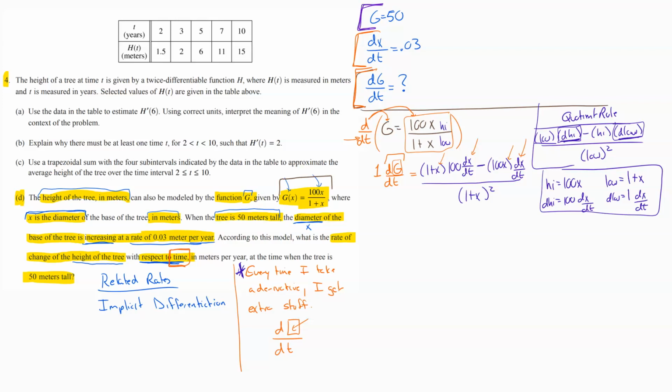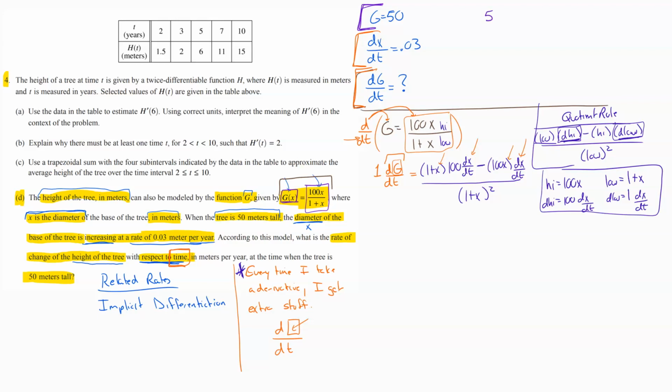Because I'm not plugging that into this formula here, so what use was it to me? But they definitely wanted me to know that information. They told it to me twice in the problem. Well, remember that your height is equal to this equation here. So we can plug 50 in for our height, set it equal to 100x over 1 plus x, and solve that to get our x.